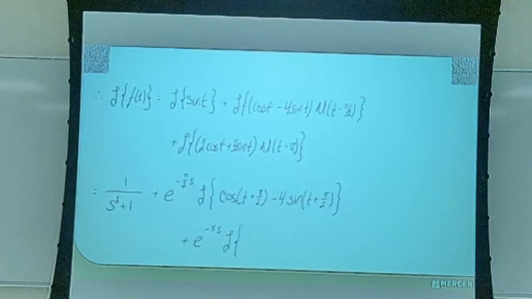The second transform is pi, right? E to the negative pi s, times the transform of 2 cosine of t plus pi plus 3 sine of t plus pi.